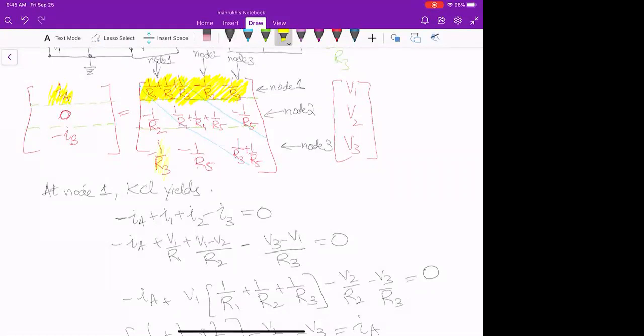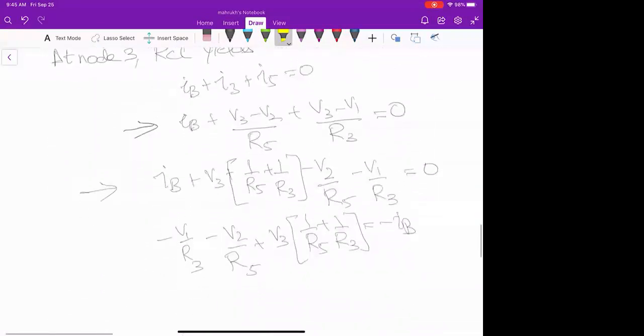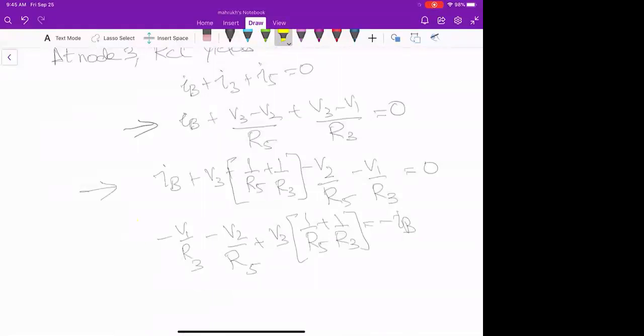This one. Okay. So you see now how it is matching with our matrix. But the important condition in this scenario was that we were dealing with independent current sources and they were connected with only resistors.